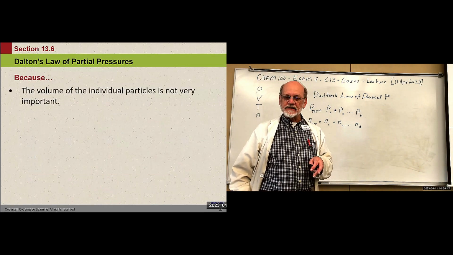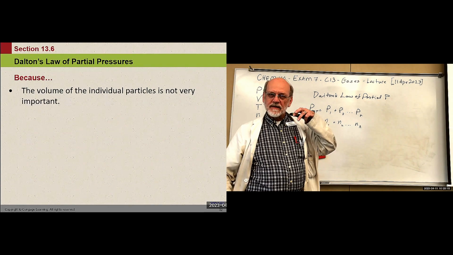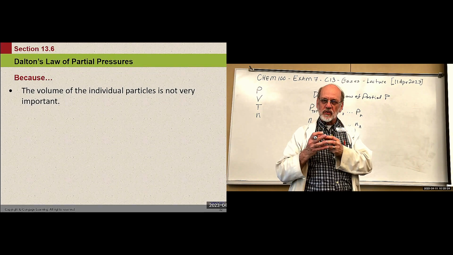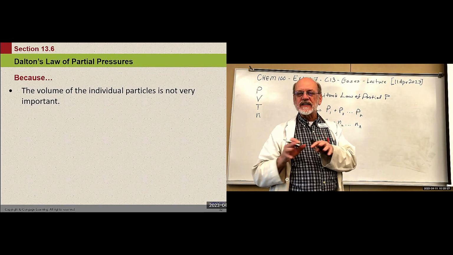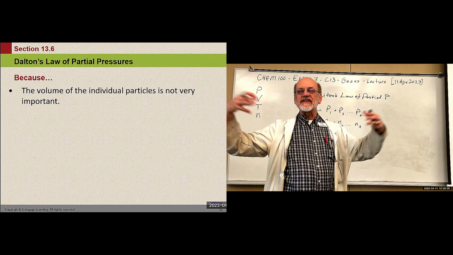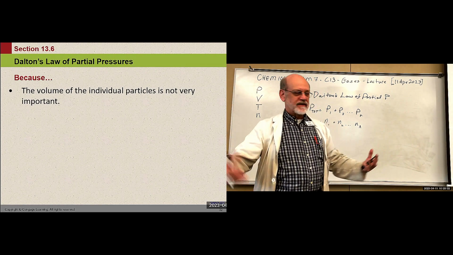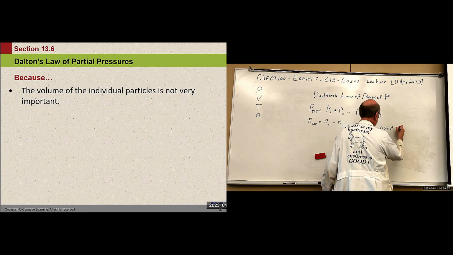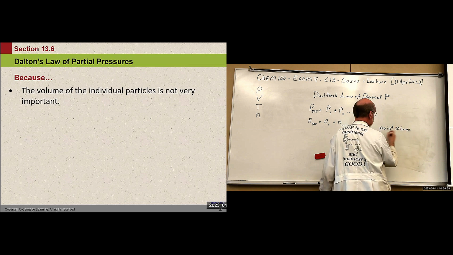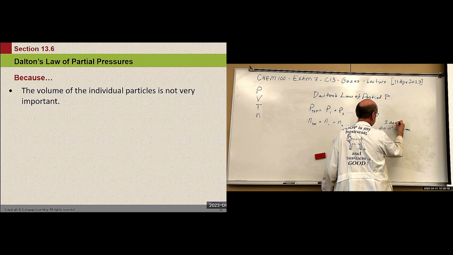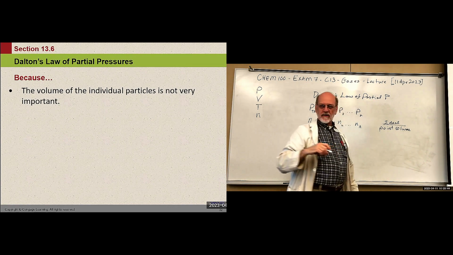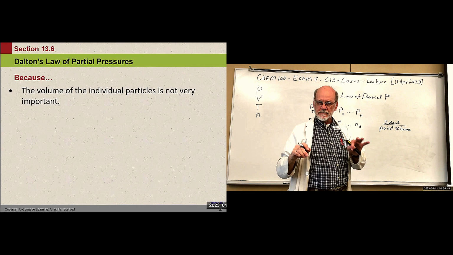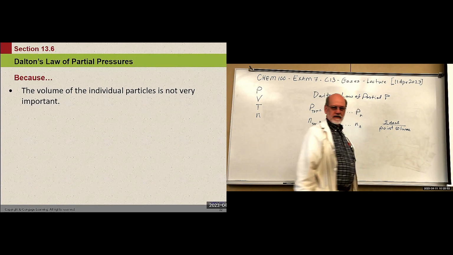The reason is the volume of each individual gas molecule is insignificant compared to the space between them. They have what we call point volume. And this is the ideal gas again. Remember in math class, when you were talking about dimensions, this is a point.